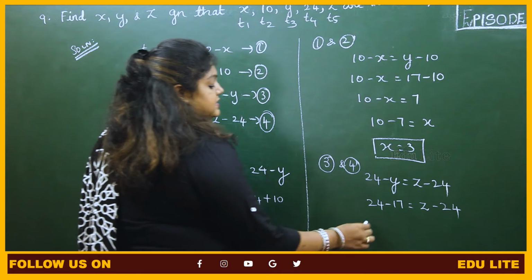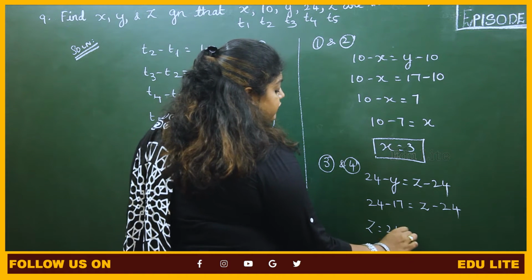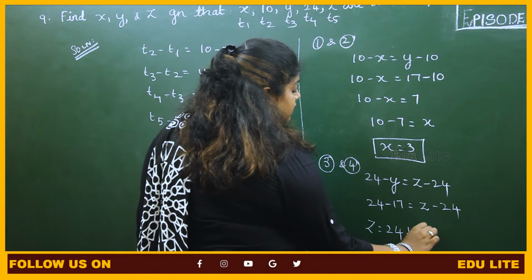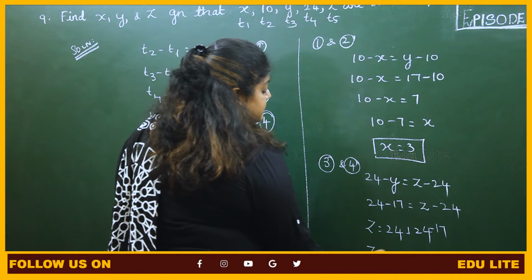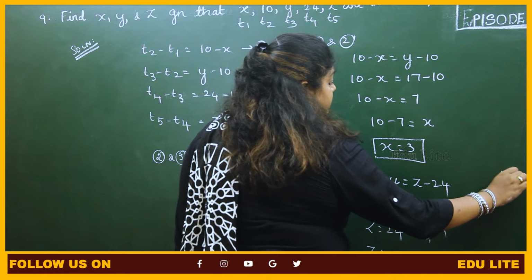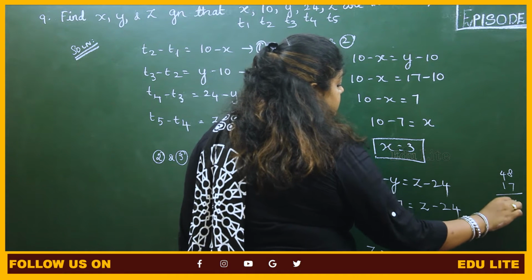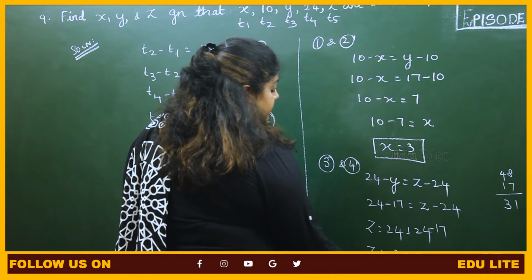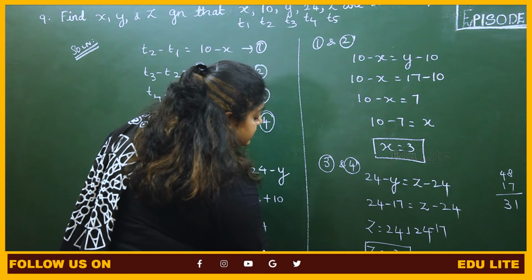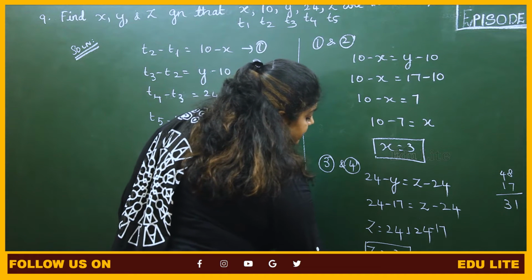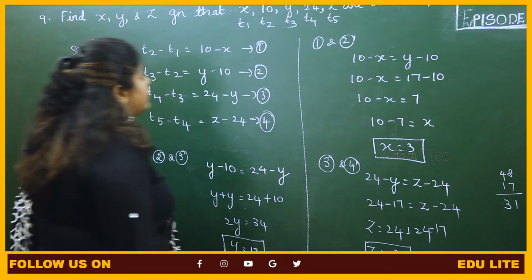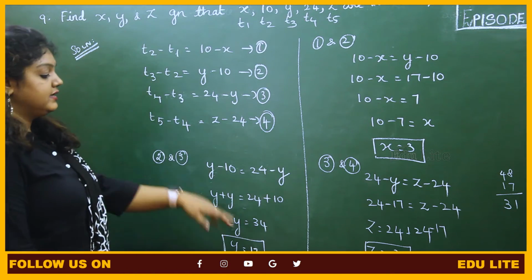Taking all terms to one side, z equals 24 plus 24 minus 17, which equals 48 minus 17, which is 31. So, z equals 31. x equals 3, y equals 17 and z equals 31. We have found the values of x, y and z.